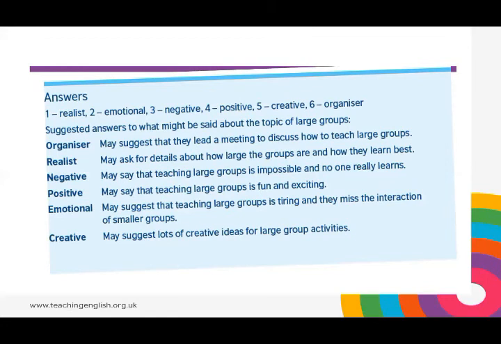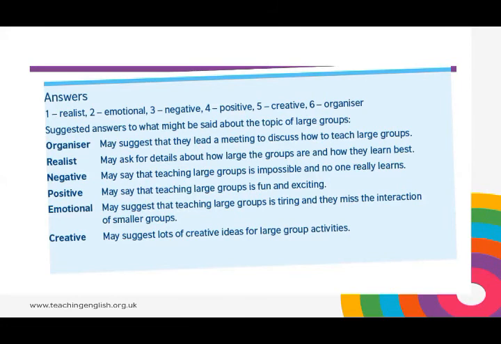Negative may say that teaching large groups is impossible. Every teacher has a role. Someone may be an organizer, another one a realist. The topic is about large groups. If a teacher is an organizer, he will suggest that we lead a meeting to discuss how to teach large groups.